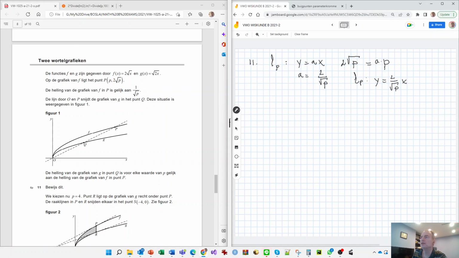So let's do that intersection first. I want to calculate point Q, so I need to set the y value of the line the same as the y value of the function. So I get this equation.